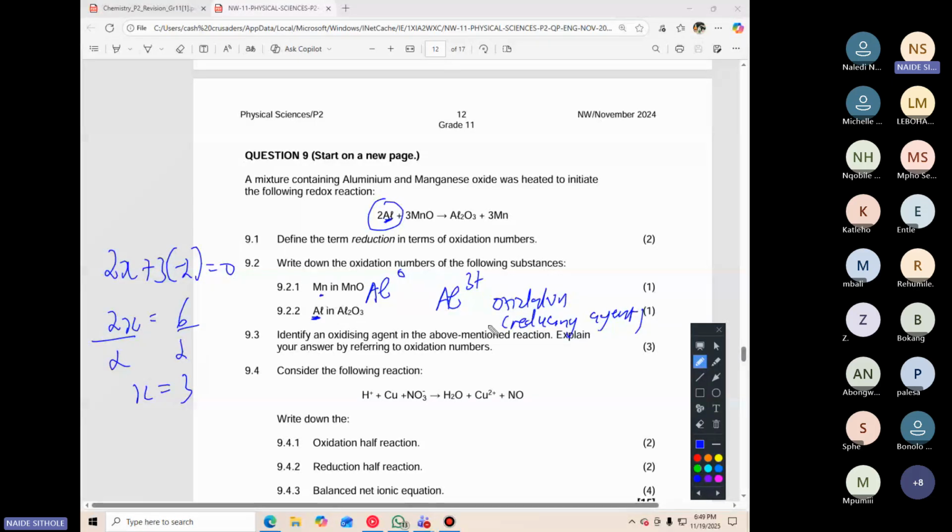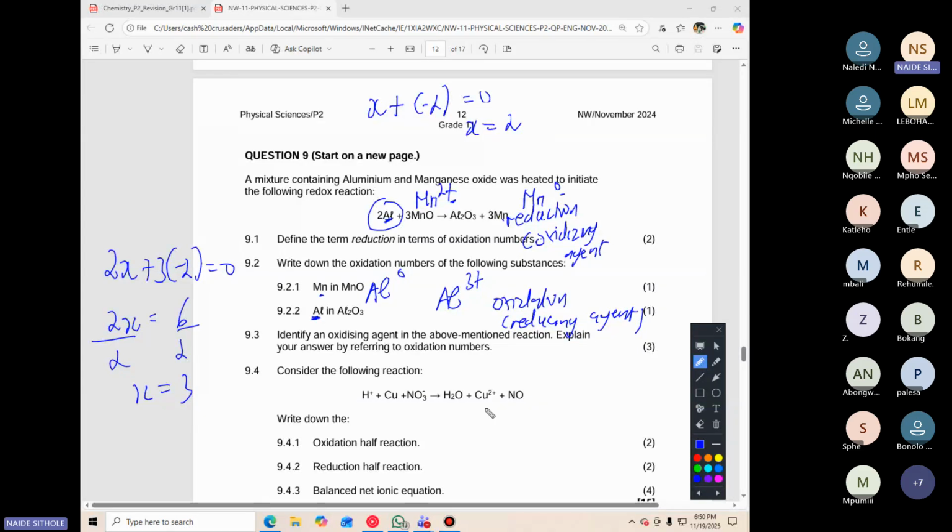Then let's look at Mn. Mn here, when we calculated, we found that x plus negative 2 equals 0. Then it became positive 2. So here Mn was 2+, but then Mn this side is what? 0. So Mn from 2+ to 0, that's undergoing what? Reduction. And if it's undergoing reduction, it means that's the oxidizing what? Agent.